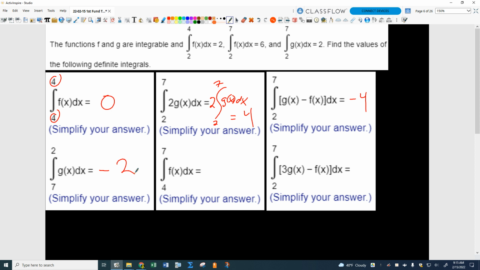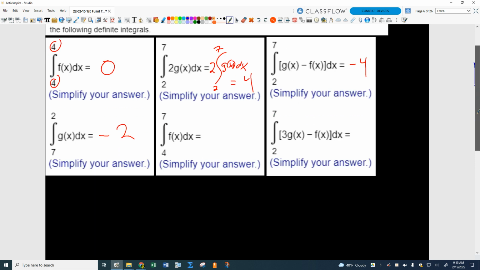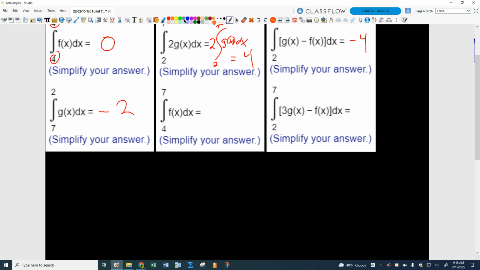So what if we did this? What if we flipped this around? So we said this area is equal to the integral of f of x from 4 to 2 plus the area under f of x from 2 to 7.